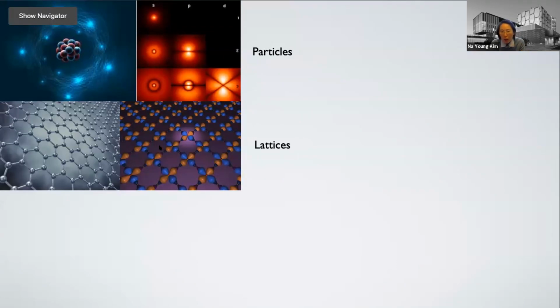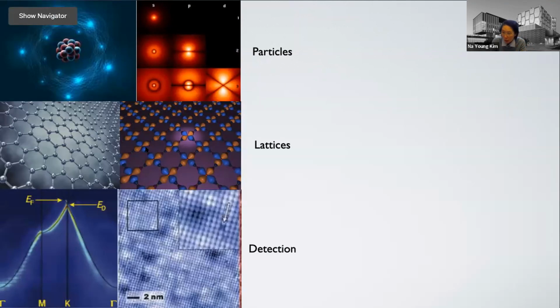In condensed matter, to understand these particles in lattices, you perform either angle-resolved photoemission spectroscopy to see the energy dispersion relations, or scanning tunneling microscopy to measure the electron distribution in real space, so that you can address those correlations and interactions.